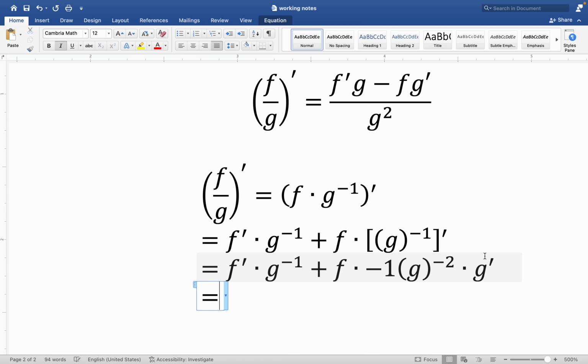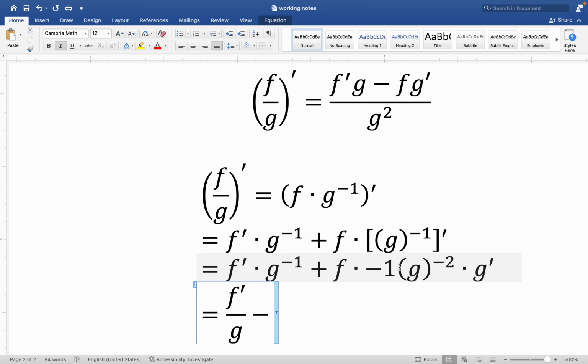So let's see. So f prime times g to the negative 1, that g to the negative 1 just puts g into the bottom of a fraction. So I have f prime on top, g on the bottom. And then this whole term here, because of this minus 1, the whole term becomes negative. So let me just write a minus.